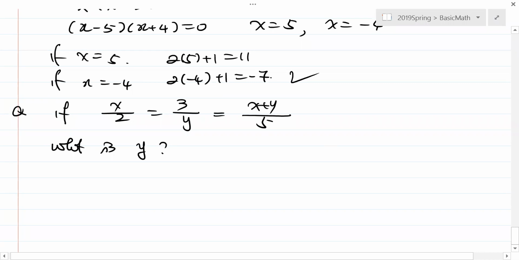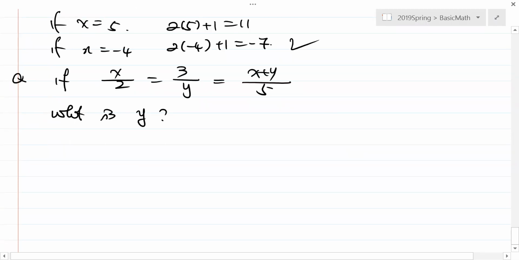Are you sure? Yeah, because 5 is 2 and 3, so you get 2 and 3. Y equals 3. Maybe there's another solution, y could be negative. How do you know this is a unique solution? Unless I assume it's positive. Okay, let's find out step by step. There's still some tricks here.